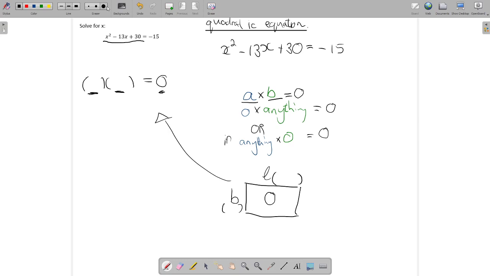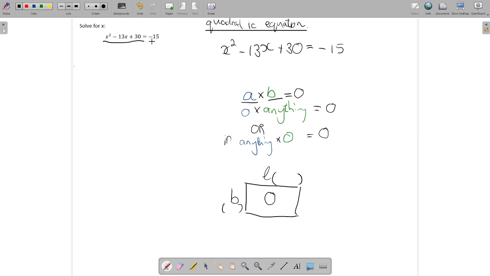So let's see, this seems very abstract, so let's put it in an example. I'm going to try and put this in the form of two brackets multiplied by each other to equal 0. What I first want to do is make the right hand side equal 0, because then I'll have a trinomial I can factorize on the left hand side.